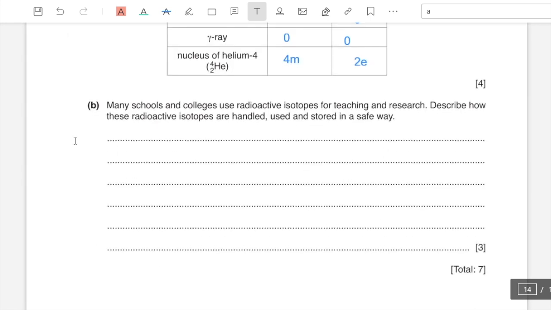B. Many schools and colleges use radioactive isotopes for teaching and research. Describe how these radioactive isotopes are handled, used, and stored in a safe way.